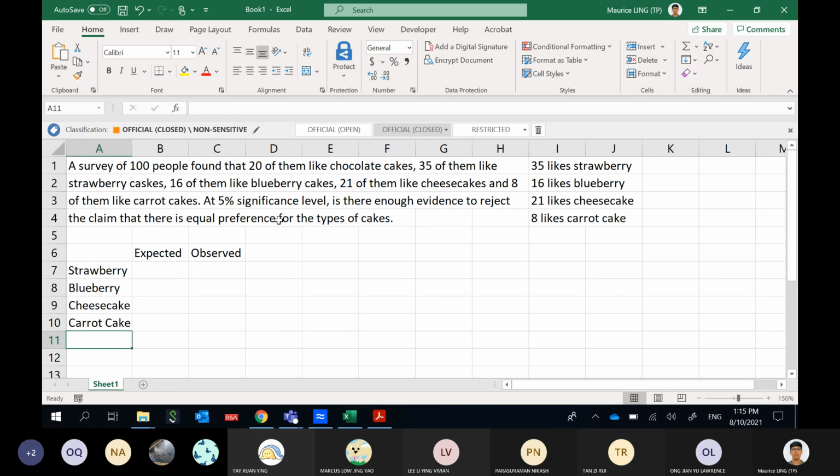Okay. Then these numbers, do we put them in expected or observed? Observed, okay, because that is your actual data. You observe the data. So let's put it in 35, 16, 21, and 8.